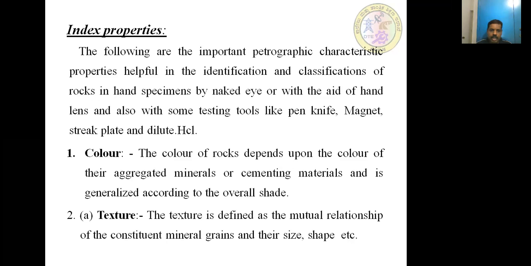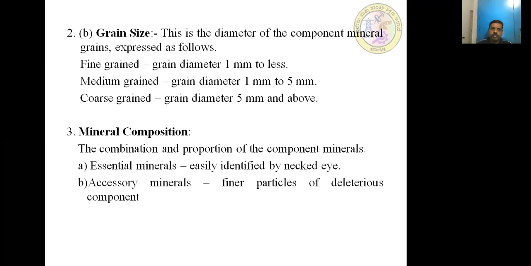So next one is texture. Texture is defined as the mutual relationship of the constituent mineral grains and their size and shape. Based on grain size, we differentiate fine grained, medium grained, and also coarse grained.